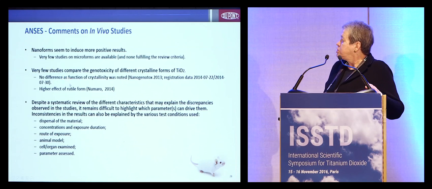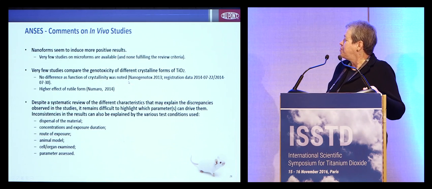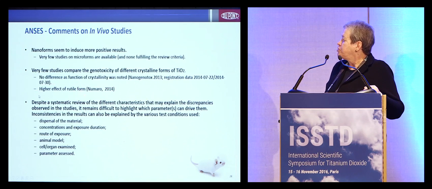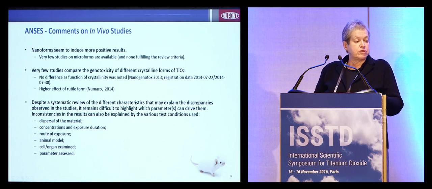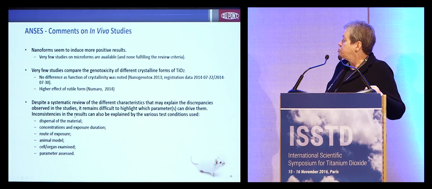No difference as a function of crystallinity was noted, and here are references, and there was a higher effect of a rutile form in the Numano 2014 paper. So despite the systematic review, there were still issues about which parameters drive the discrepancies.